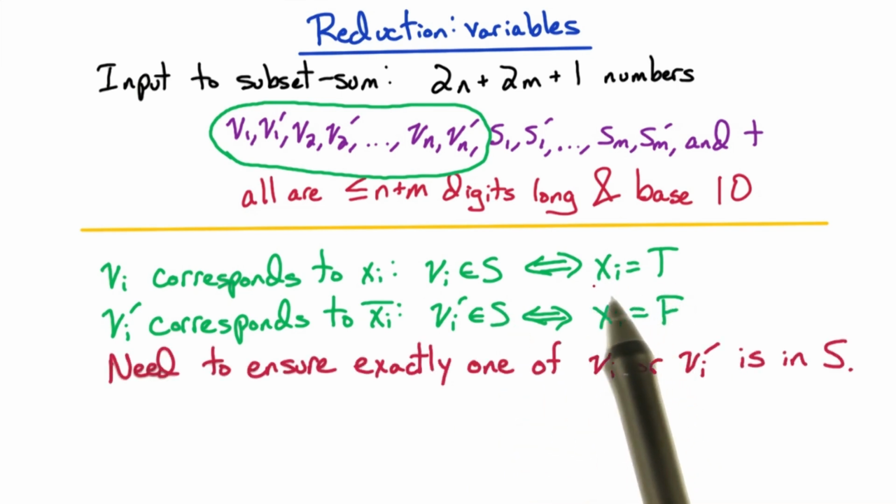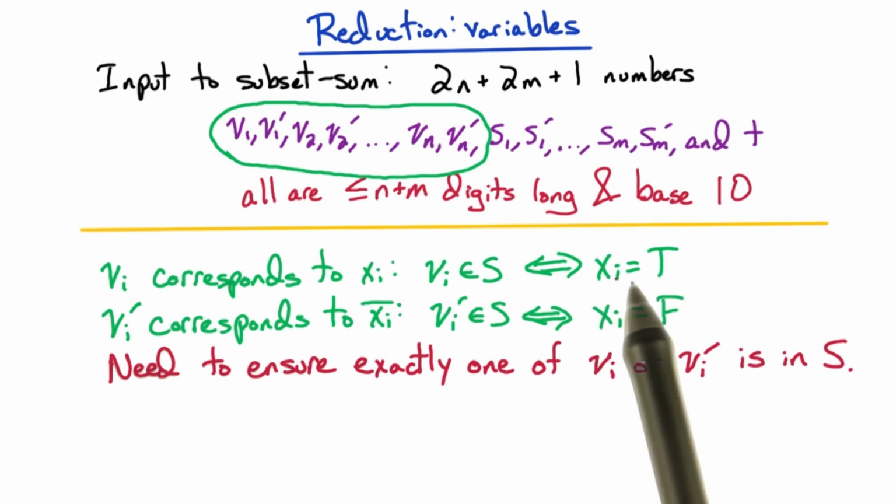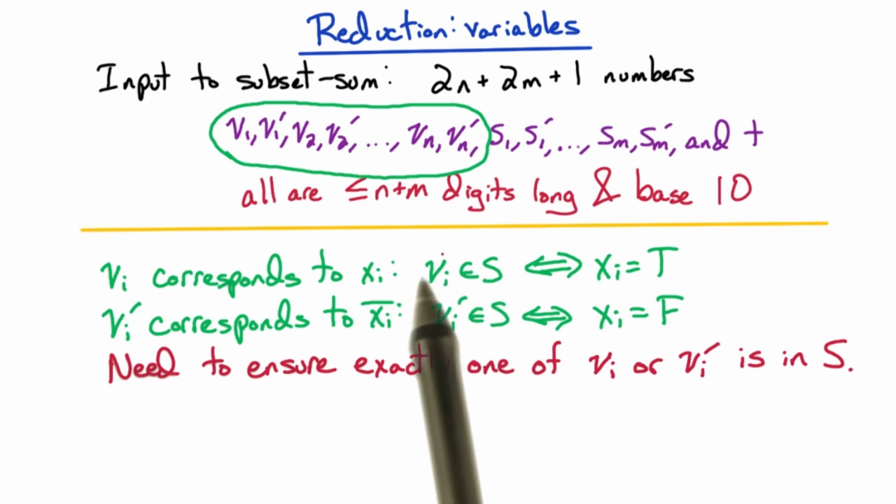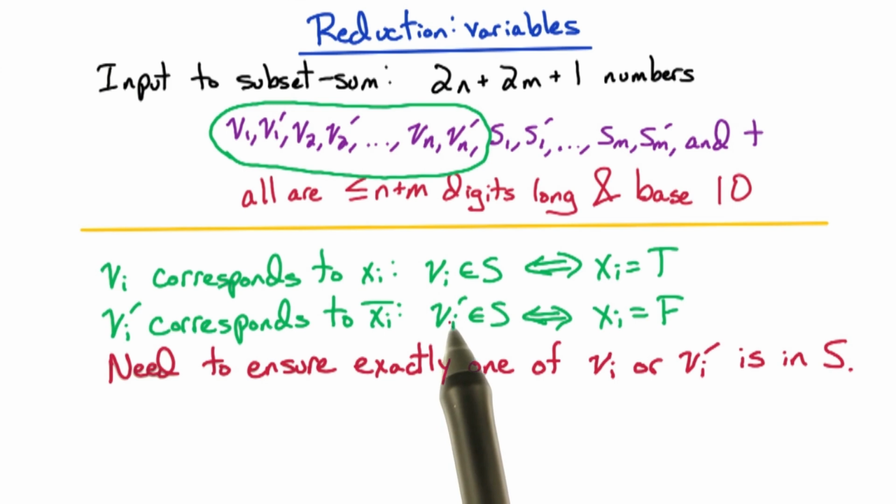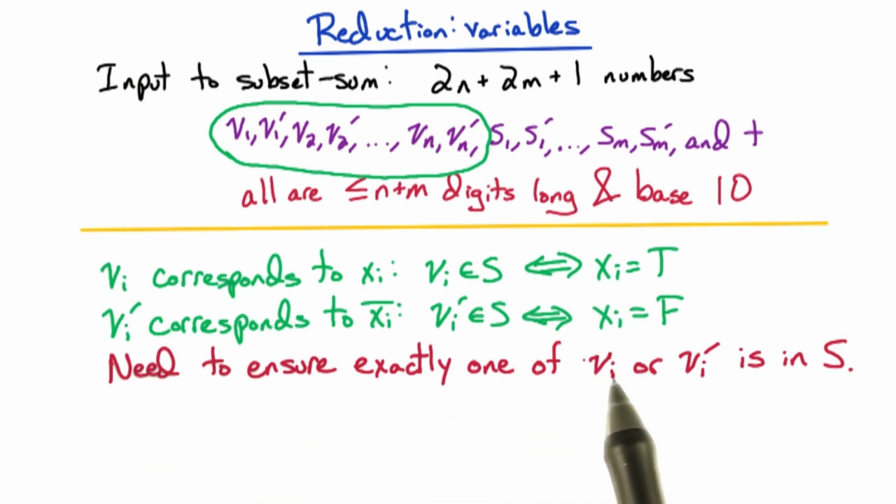An assignment for the 3-SAT formula either sets xi to true or xi to false. Therefore, we need for the subset sum problem that either we include vi in S or vi prime in S. But we can't include both, and we can't include neither, because then we don't know how to set xi. So we need to ensure that exactly one of vi or vi prime is in S.